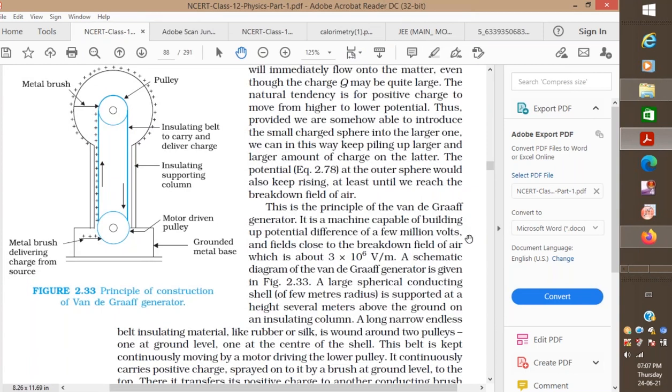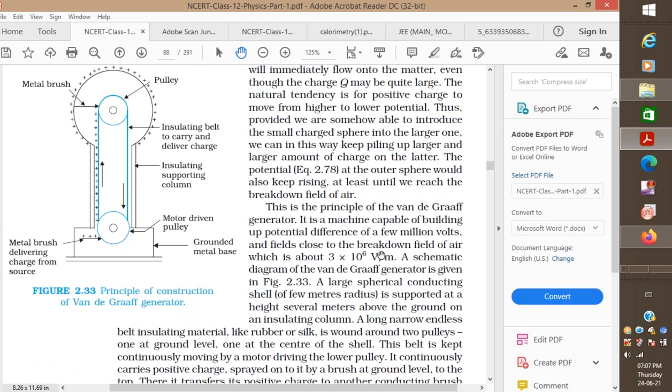Air is insulating, right? They don't have any free charges. But when you create a very high field of the order of 10 to the power 6 volt per meter, in that electric field, what will happen? Air molecules will be ionized. That means electrons will be pulled out from there.